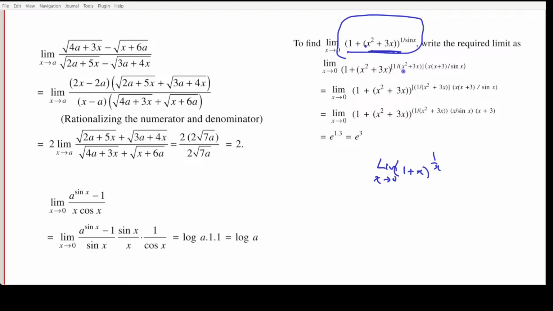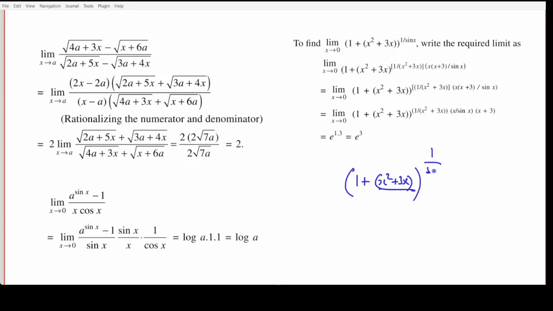This part we are just multiplying and dividing with x squared plus 3x. So 1 plus x squared plus 3x is there, and this part is tending to 0 when x tends to 0, right? Now 1 by sin x is there. We again multiply with x squared plus 3x by x squared plus 3x.